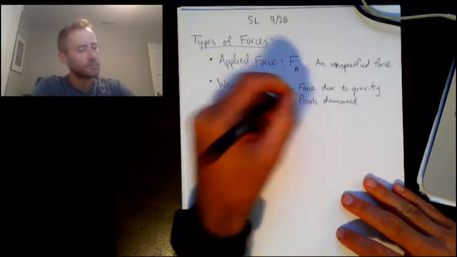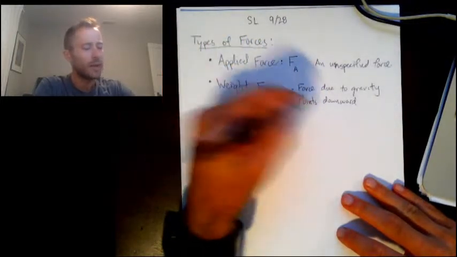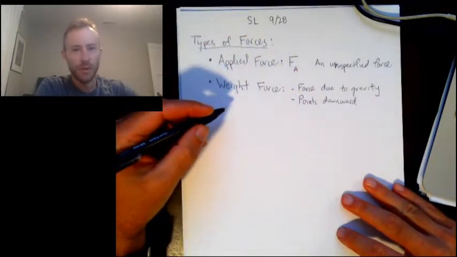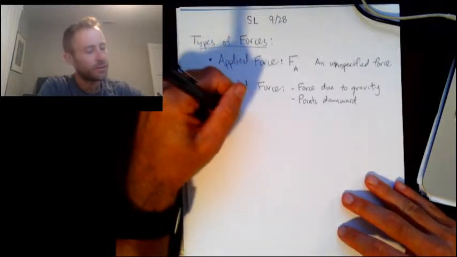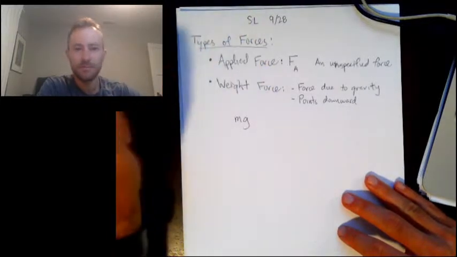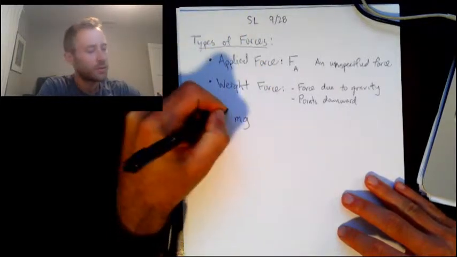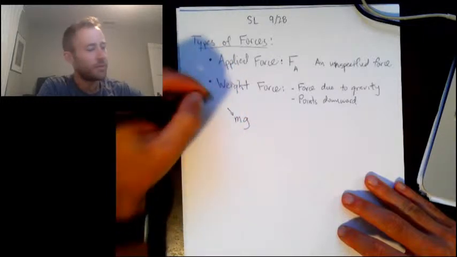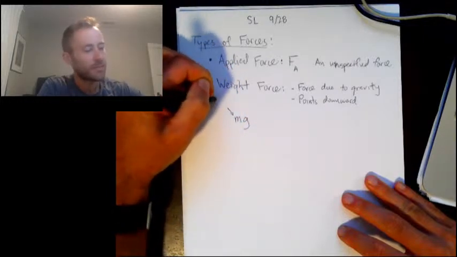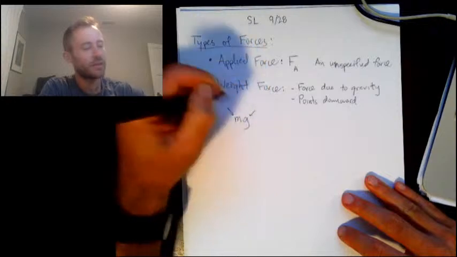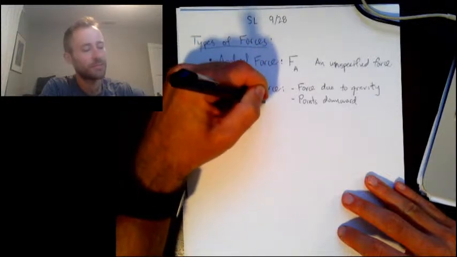There's a formula for weight force, and it is m times g. m is the mass of the object, and g is the acceleration due to gravity.